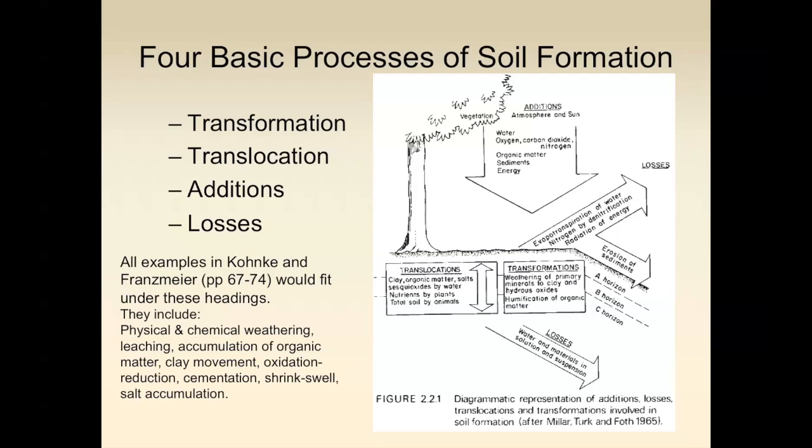So over time, water is going to wash those clays down into that next layer. Nutrients are also washed down, maybe not out, but maybe washed down the soil. And so we're just looking at a translocation of a particular thing, like a chemical or a clay within that soil profile.